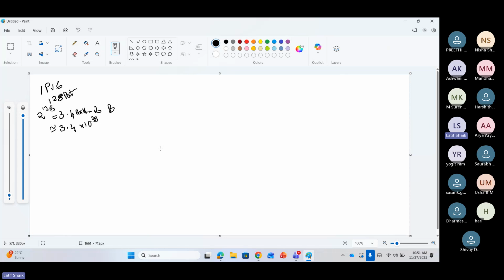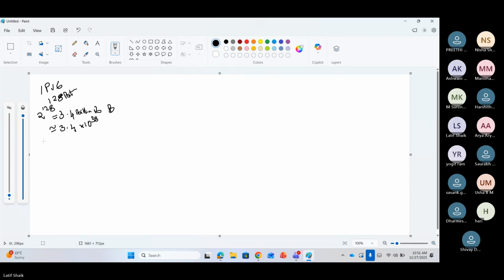So if you calculate like that, it is much less than the total number of IP addresses. It's not 4.3, it is less than 4.3 billion only. But in IPv6, the total number of addresses is very huge, 3.4 into 10 to the power of 38.